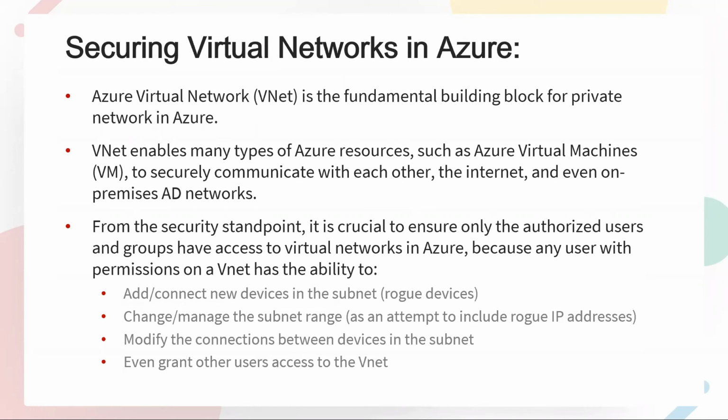So from a security standpoint, it is critical to ensure only the authorized users and groups have access to virtual networks on Azure, because any user with the below privileges, which I'm about to read, or on the slide, on the VNet has the ability to add, connect new devices on the subnet and change and manage the subnet range, modify the connections, and even grant other users access to the VNet, right?